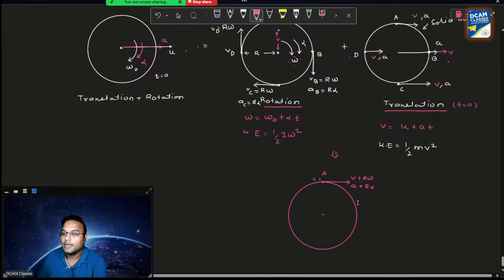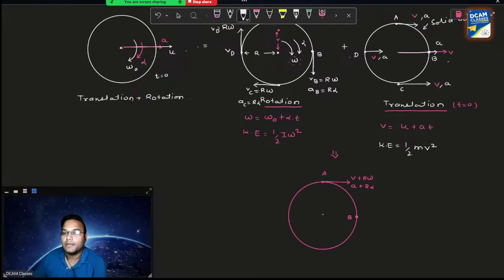Okay. Now coming to the point B, this point B will be having the velocity v in the forward direction and r omega in the downward direction. So its net velocity will be in this direction, root over v square plus r omega whole square.